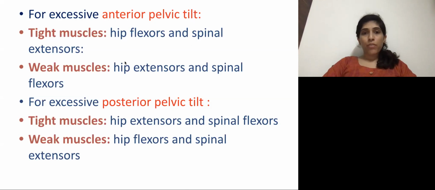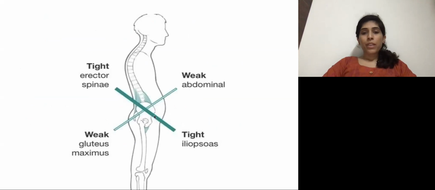Opposite to this, in posterior pelvic tilt the weaker muscles will be hip flexors and spinal extensors, and the tight muscles will be hip extensors and spinal flexors. For anterior pelvic tilt, you can see the iliopsoas and erector spinae will be tight, and the gluteus maximus and abdominal muscles will be weak.